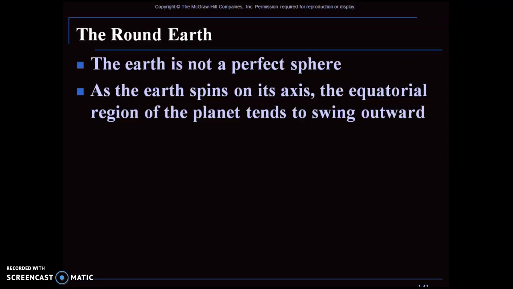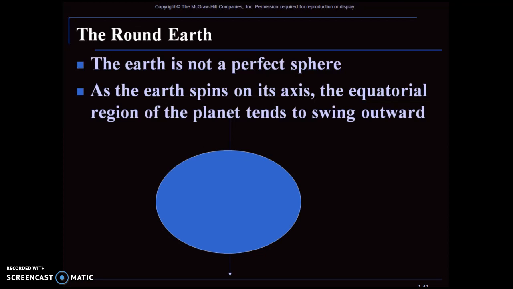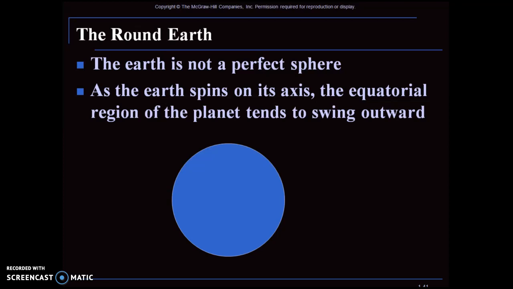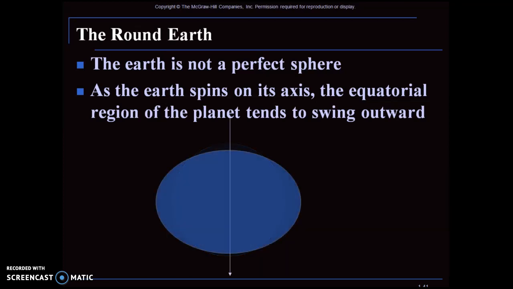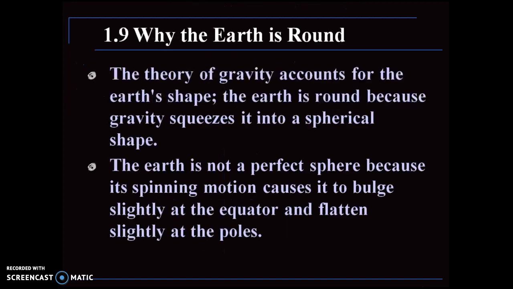The Earth is not a perfect sphere. As the Earth spins on its axis, the equatorial region of the planet tends to swing outward. So instead of having a perfect sphere, you will have a sphere a little bit bulgy at the equator, and at the poles it is a little bit pushed in. Why is the Earth round?